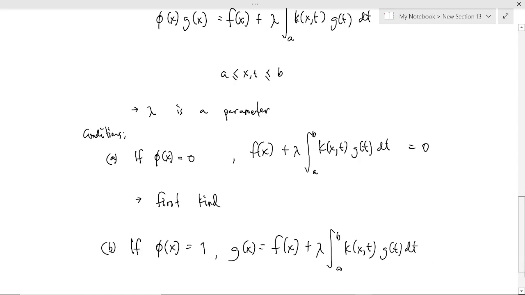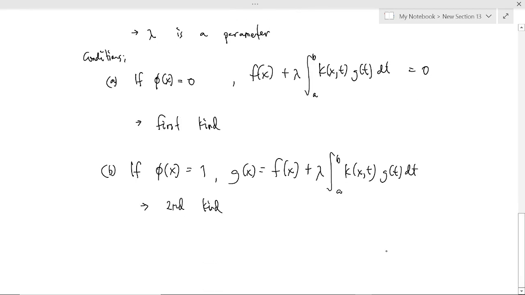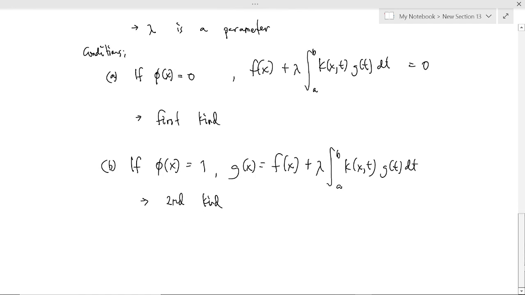And this is what we call the Fredholm integral equation of the second kind. These are basically the two equations for the Fredholm integral equation.